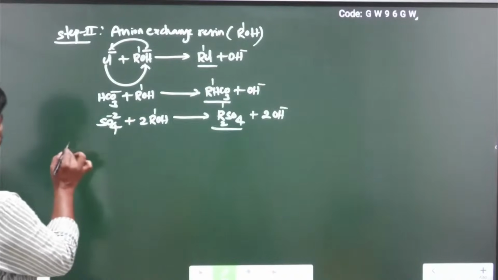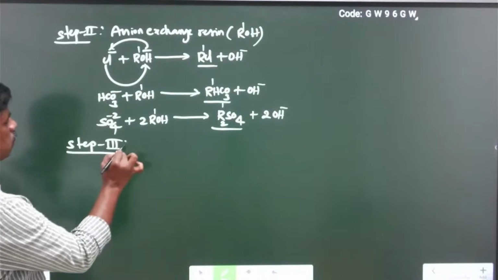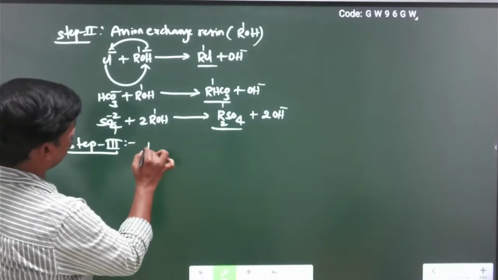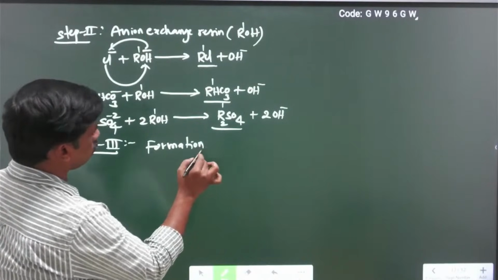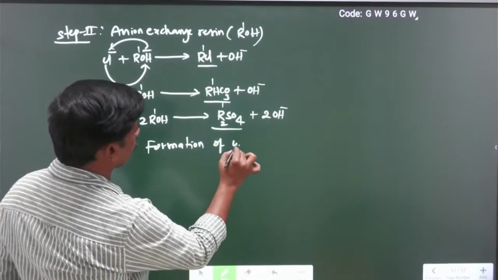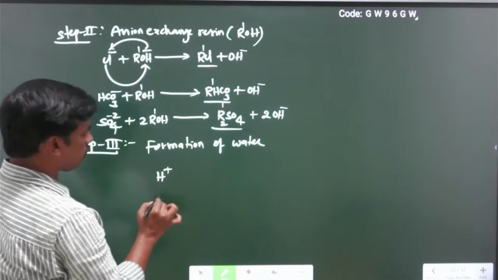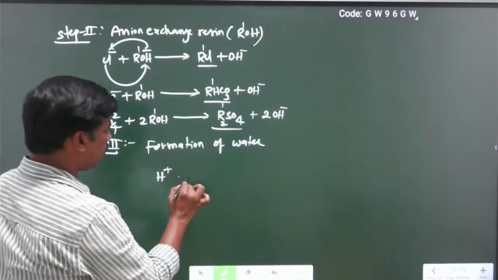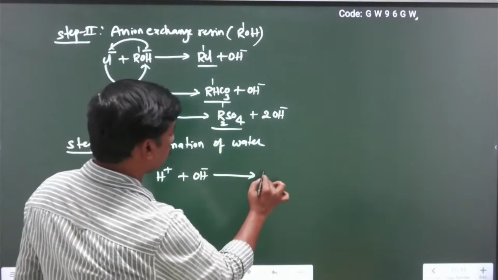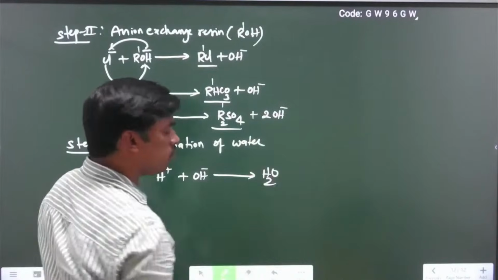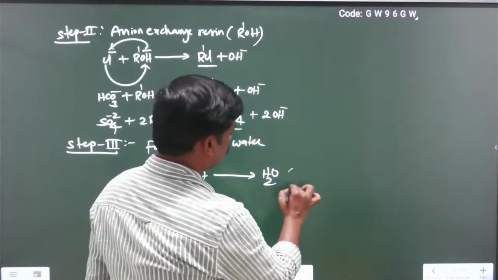One step removed cations and another step removed anions, which means the salt is completely removed by a step-by-step process. The remaining third step is the formation of water. H plus from step 1 and OH minus from step 2 combine to give water. This water is called deionized water.